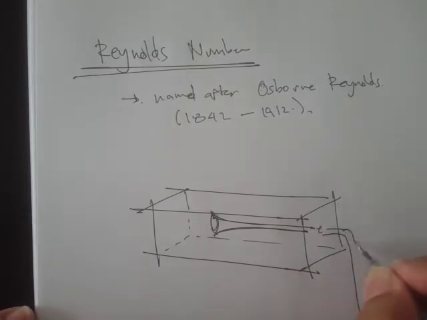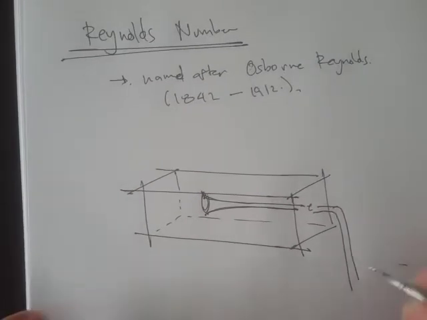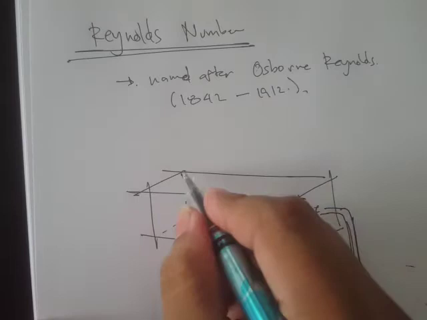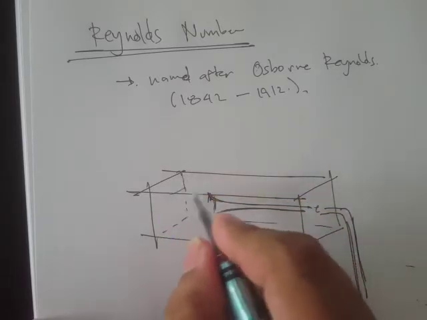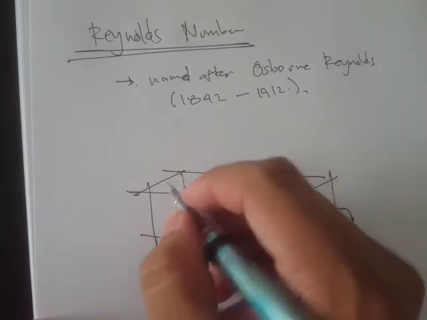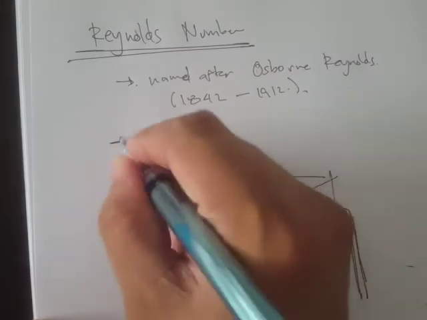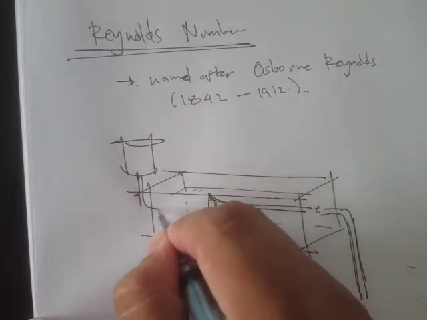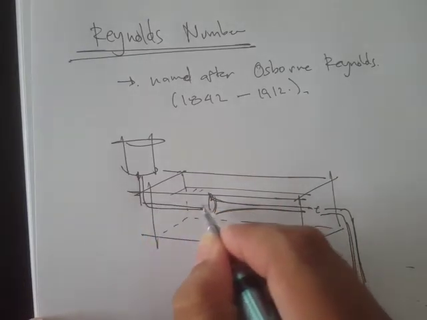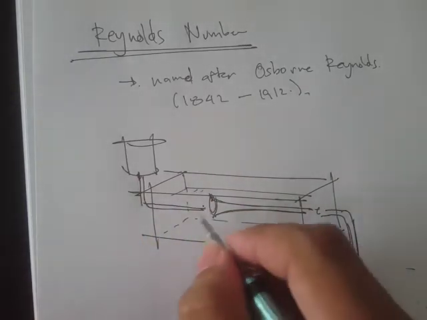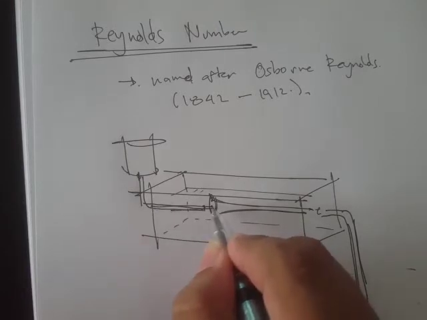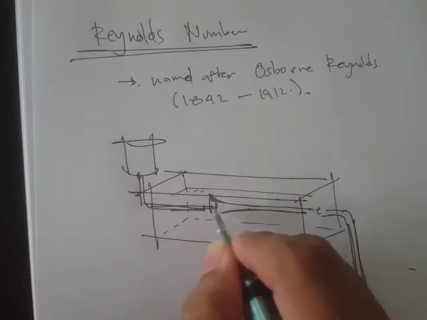Let's say we have a tube that's going downward. The main point is there's a large tank filled with water, and then there's a small tank. There is a tube that goes to the center line of this glass tube.